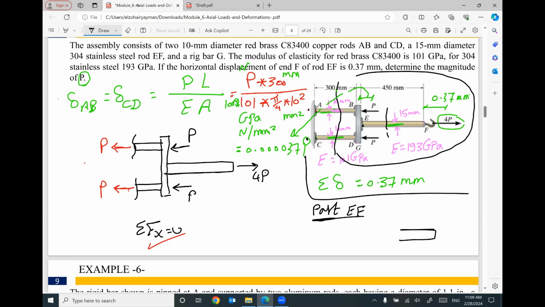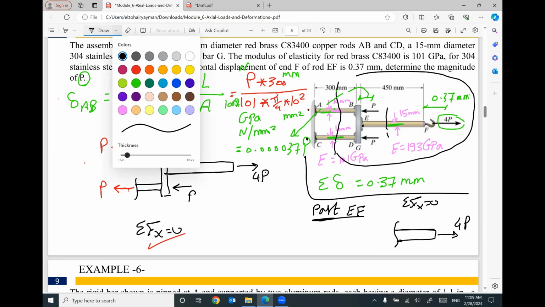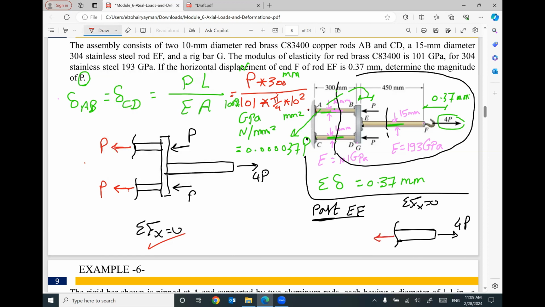So we have a force P here. If you apply summation of Fx equals 0, we must have a force in this direction. This force is pulling, so it will be tension. So the elongation of part EF will equal PL divided by AE.